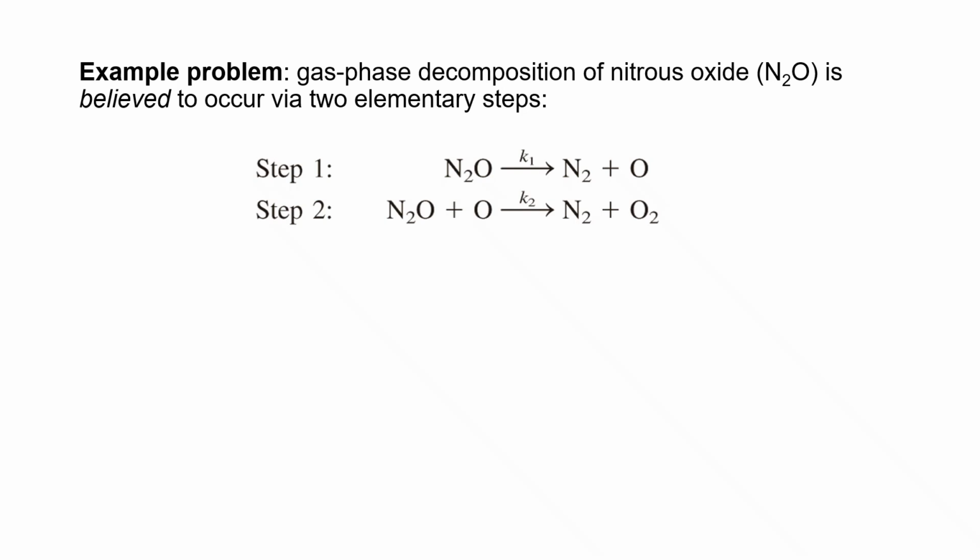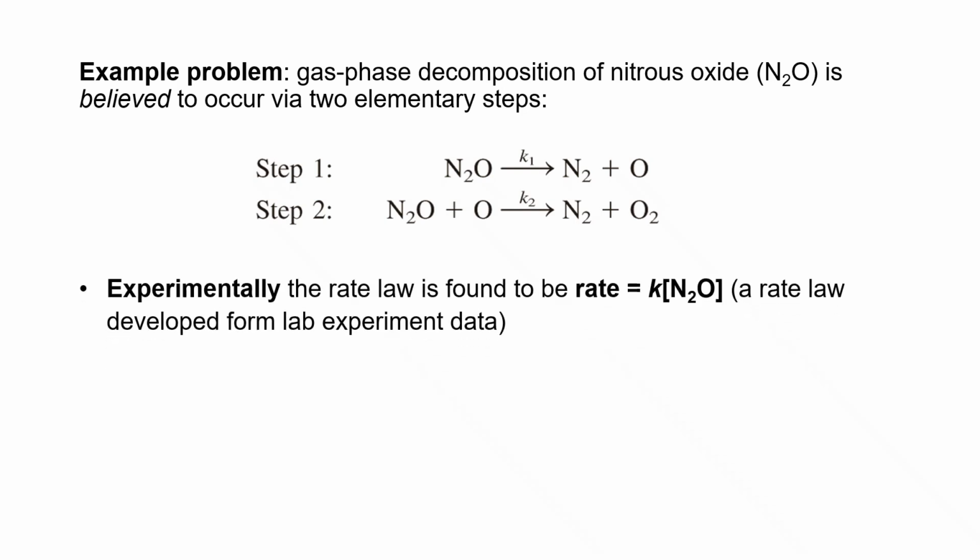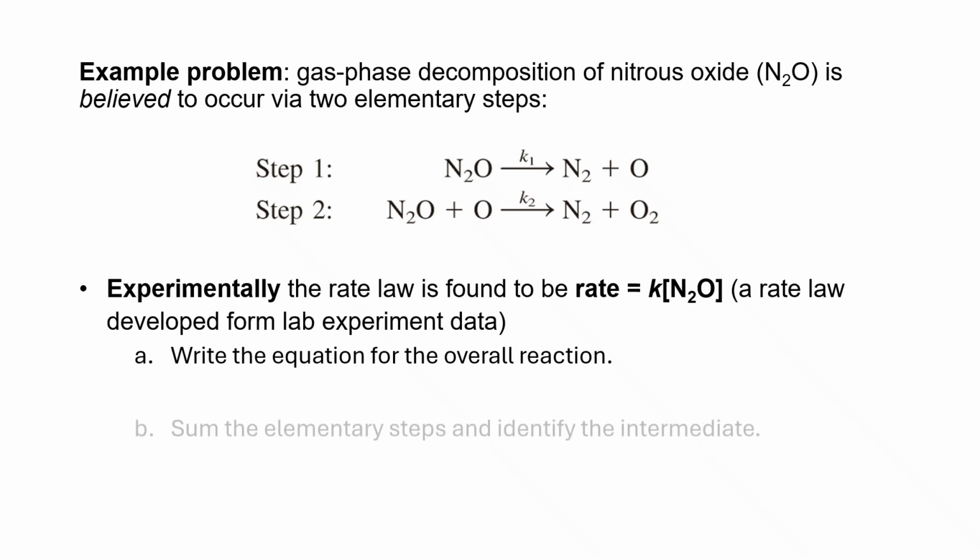What are we going to do with these proposed elementary steps? Well, as noted previously, we need some experimental data that has given us a rate law for the overall, the net reaction. And that turns out to be rate equals K times the concentration of N2O. Now our job is to take these elementary steps and write an equation for the overall reaction.